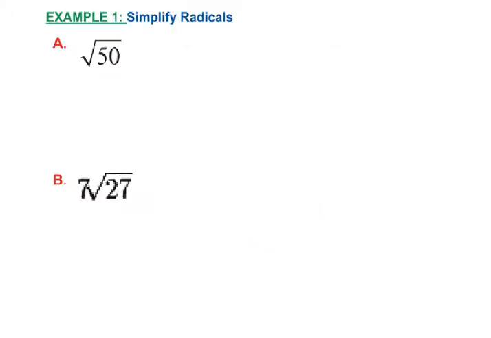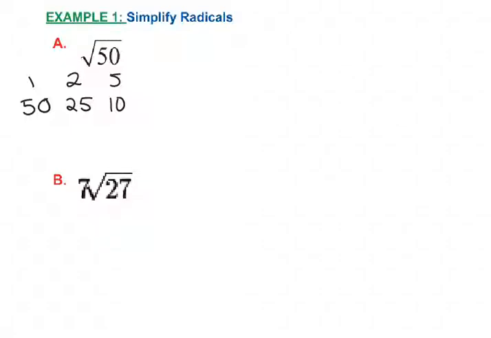So, simplifying radicals, we want to look for factors that are perfect squares. So the easiest way to do this is to write out your factors. Take your calculator and write out your factors. If you're trying to do it and you don't know your factors, you're going to struggle with this. So 1 and 50, 2 and 25, 5 and 10.